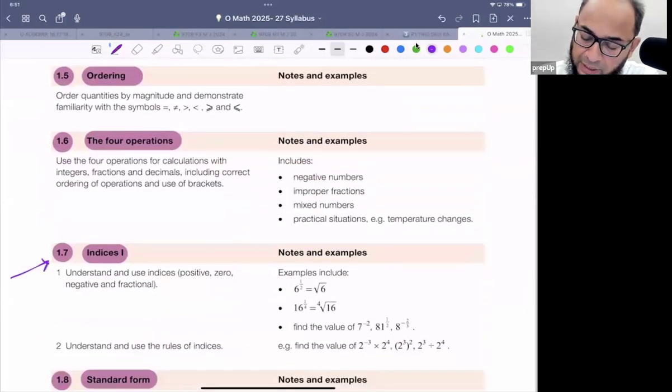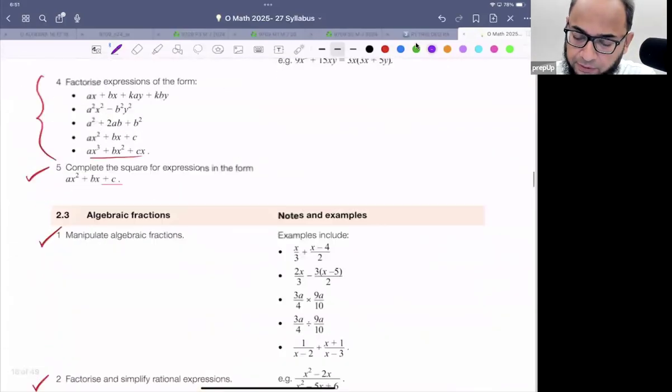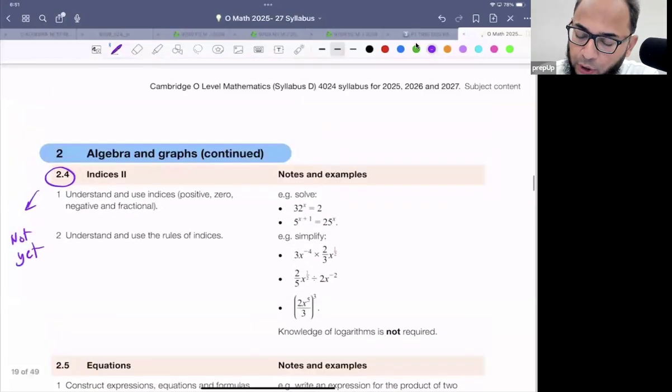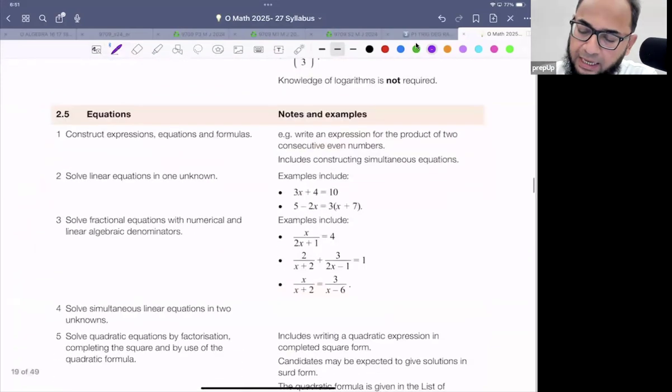So indices 1 is part of numbers and indices 2 is part of algebra. So in order to do indices 2, we will also do indices 1, which is part of numbers, and we can do this thing in one class. So this is important that we need to do.